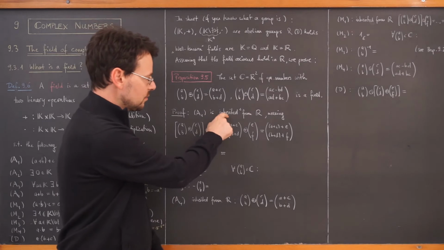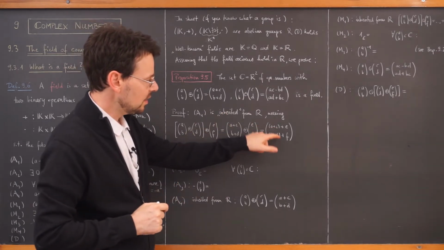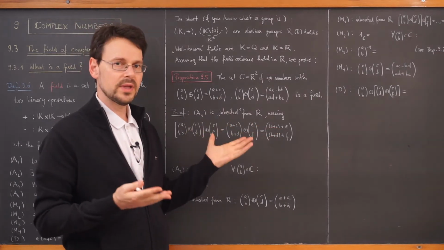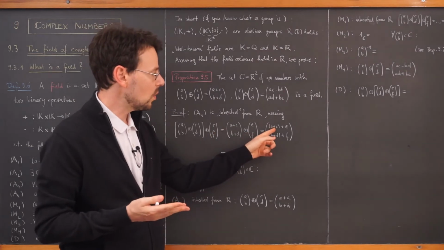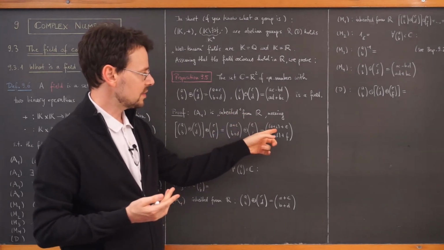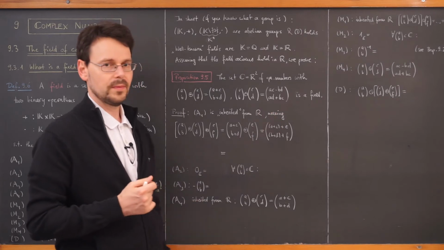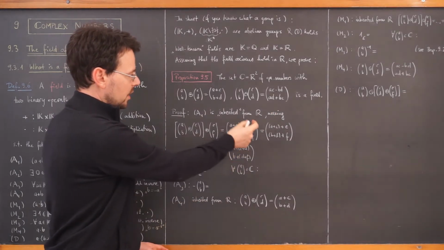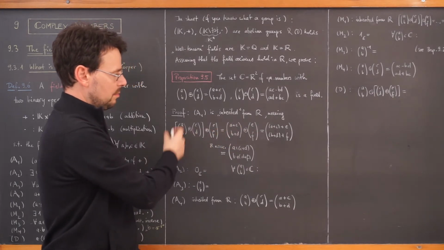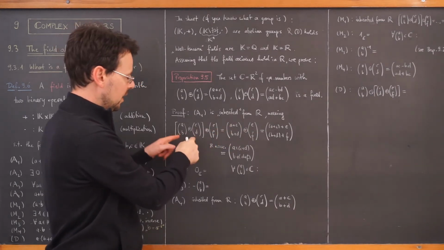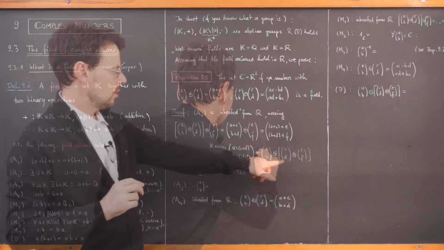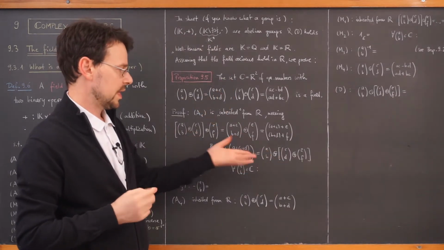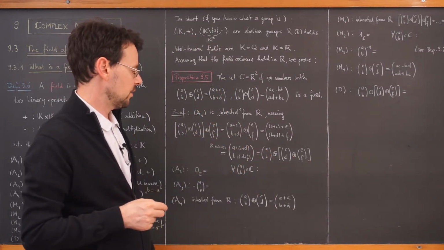And now this is what the meaning of this is. Here in each entry we are in the real numbers. So here we know, because in R addition is associative, that we can move the brackets. Okay, so we end up with that. And now I make these two steps backwards and I end up with this here. I omitted one step, but I think it should be clear enough.